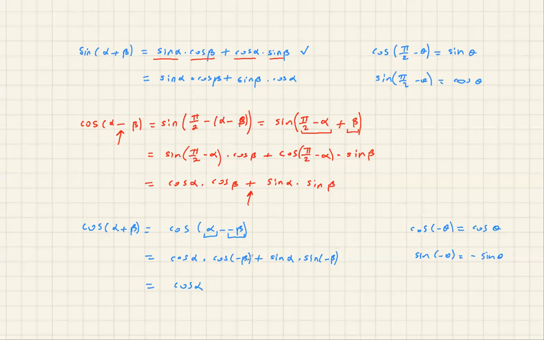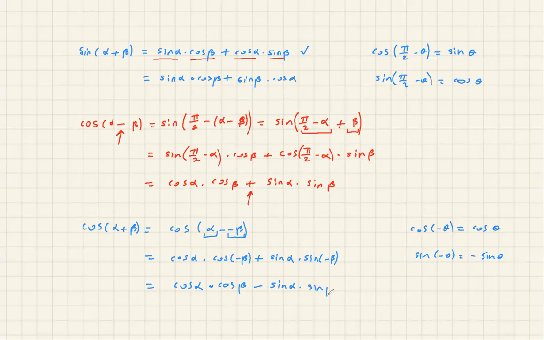So the cosine of negative beta is the same as cosine beta. And the second part, this one is the odd function. So if you take the negative angle of the sine, you will get negative sine beta. That negative will change this plus to a negative. So you should get cosine alpha times cosine beta minus sine alpha times sine beta.